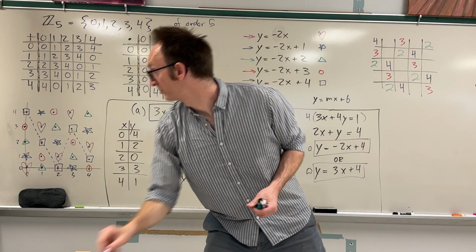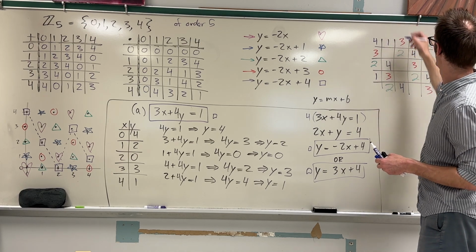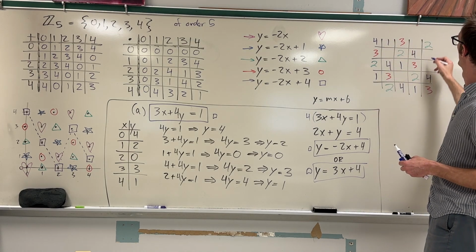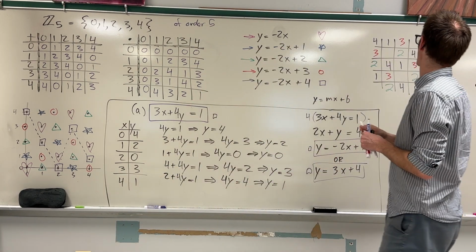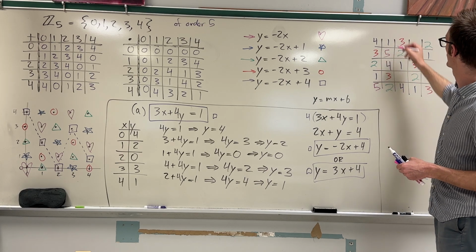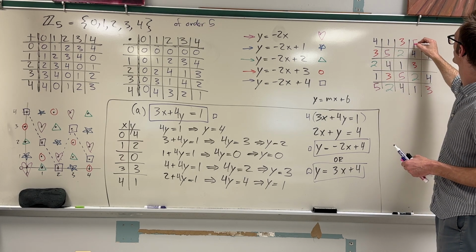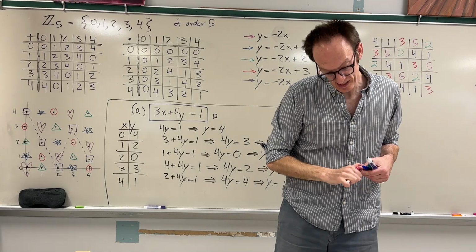The blue one, slope 3, also known as slope negative 2. And finally, in pink, instead of calling it 0, I'll call it 5, because that's more standard. Slope 3, slope negative 2, slope 3, slope negative 2. Okay, and maybe I'll just stop there.